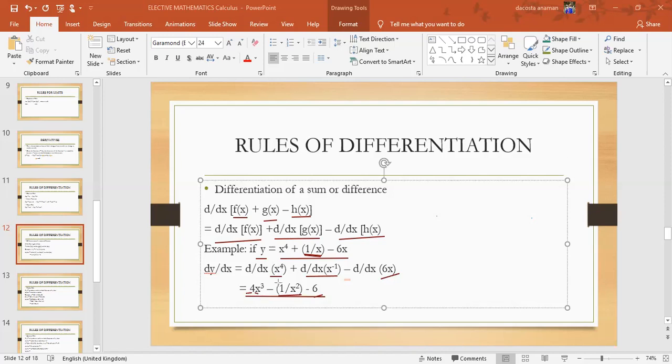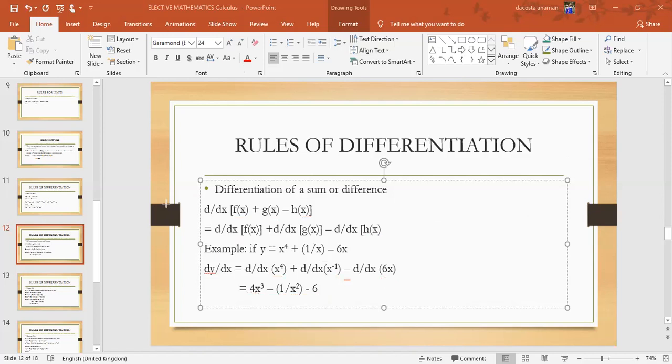Then the x, 4 minus 1, that's the rule for differentiation. When you multiply the exponent by any number in front, you subtract 1 from the exponent. So 4x, then 4 minus 1 will give you 3. That will give you 4x cubed. I hope you get it. So this is how we use the sum or difference rule. You must always put it in mind that you have to separate all the functions before you continue solving. Okay, good.